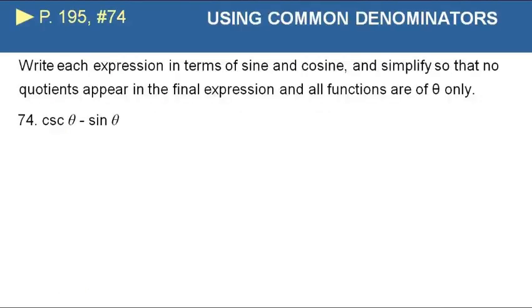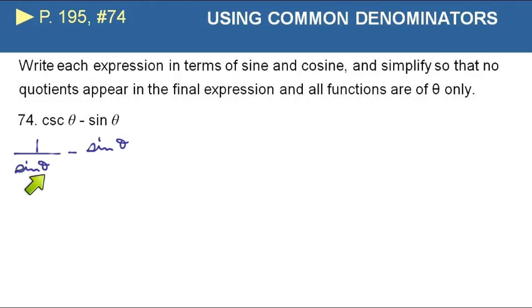Okay, we've just got a couple more examples here in section 5.1. Let's do the same thing again. Write each expression in terms of sine and cosine and simplify. So we'll start off by changing cosecant to 1 over sine. And now we're going to use common denominators to combine these two fractions into one.